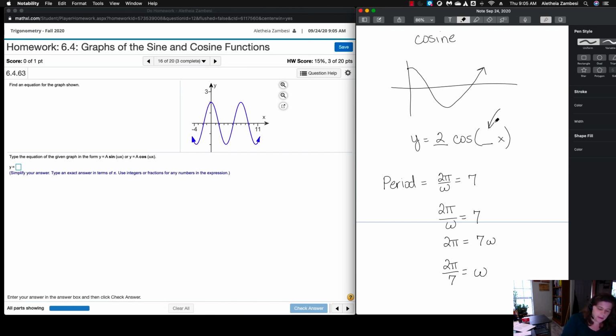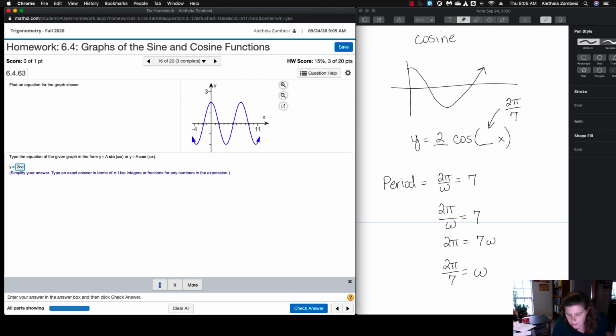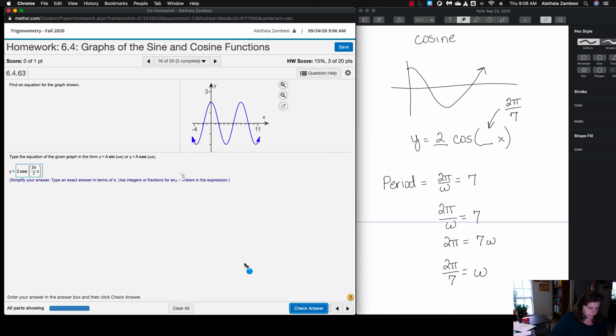That's what I'm going to put in here, 2 pi divided by 7, and type that in as my answer. So we have 2 times cosine of 2 pi divided by 7 times x, and closing that.